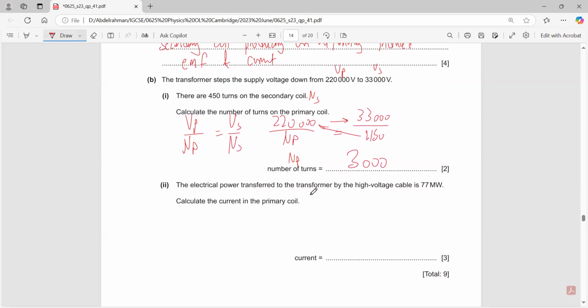The electrical power transferred to the transformer is 77 MW. What does capital MW mean? Megawatts. Mega is times 10 to the power of 6. Can I find the current?